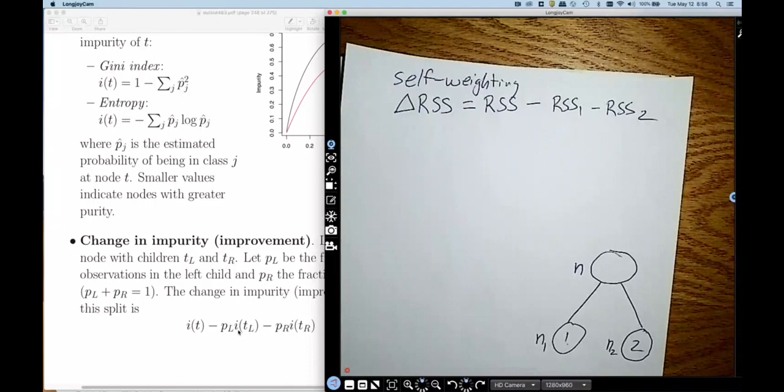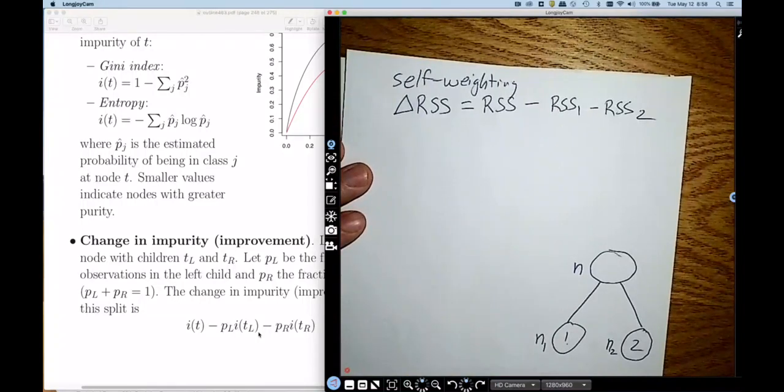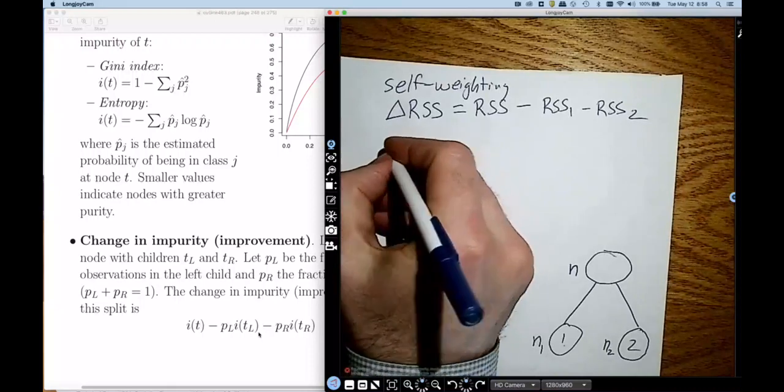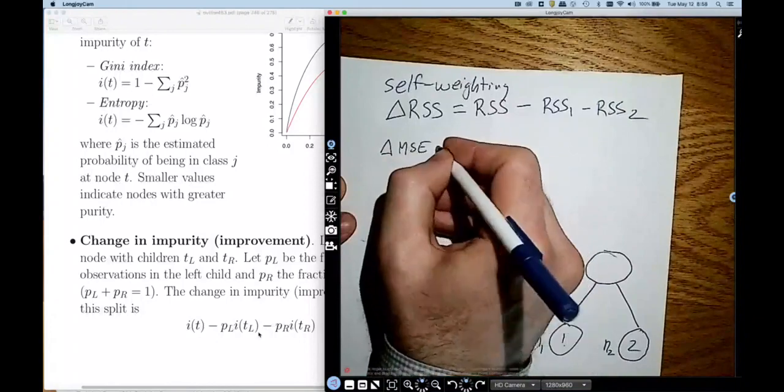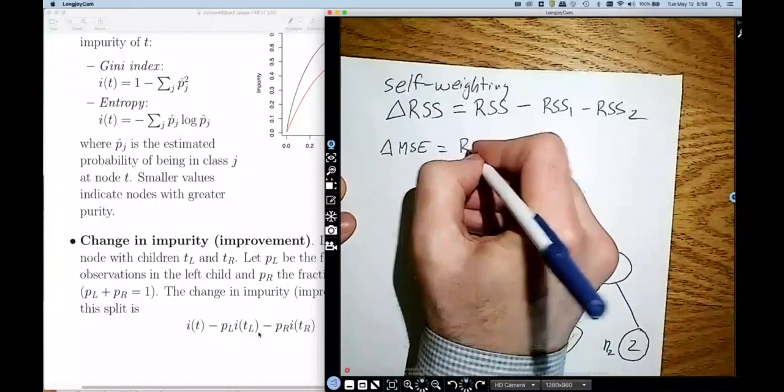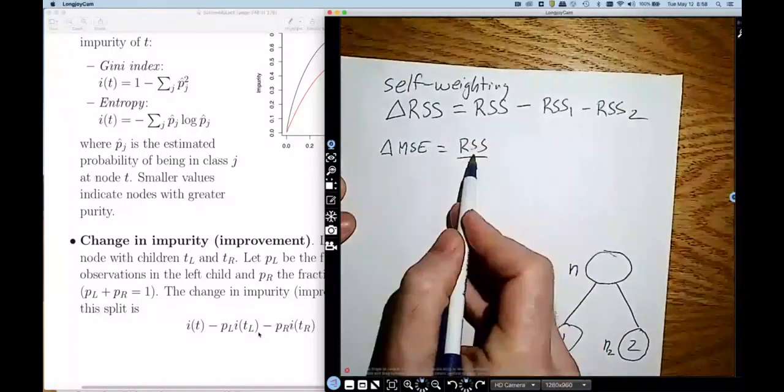This is not a total measure, it's an average measure of how impure the cases are in each of those nodes. So what would I have to do to make this work? Dividing by the number of cases. So let's just say the change in mean squared error would be RSS over n.